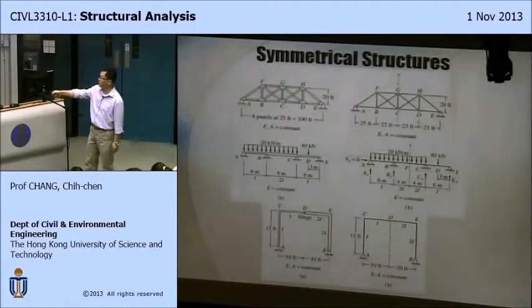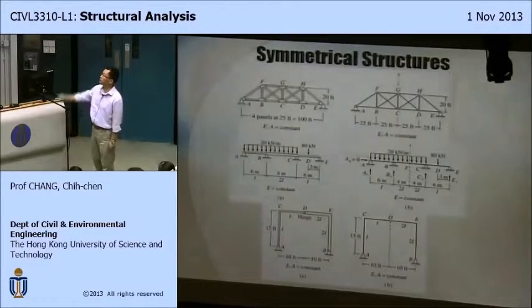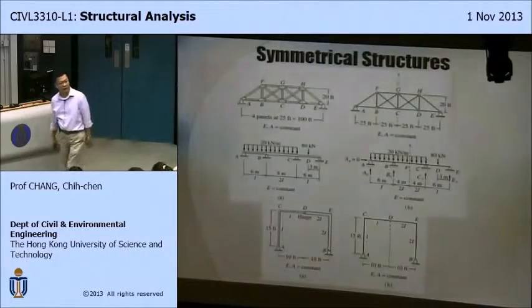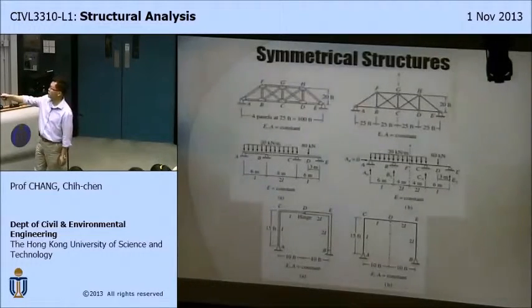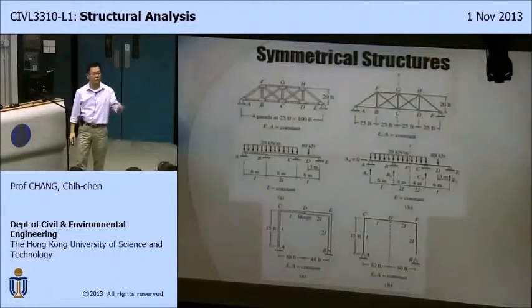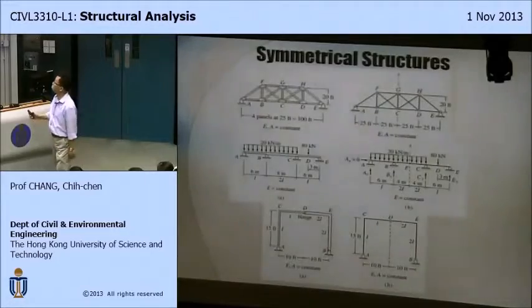So you cannot classify this as symmetrical. So yes, this is. No, this is not. And this is somewhere in the middle, a gray area. It depends on the loadings, so you can classify this as either symmetrical or not symmetrical.